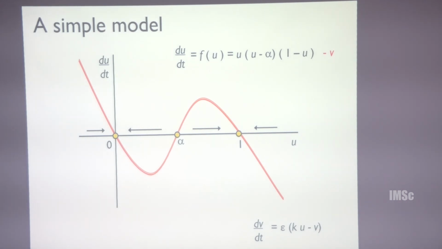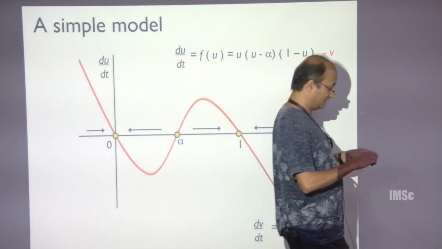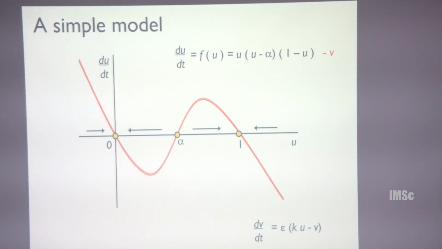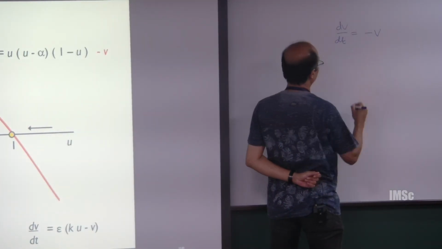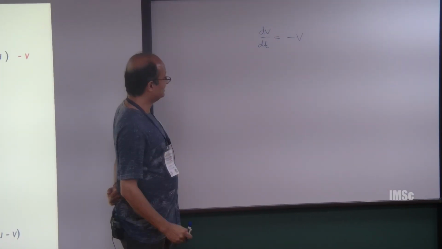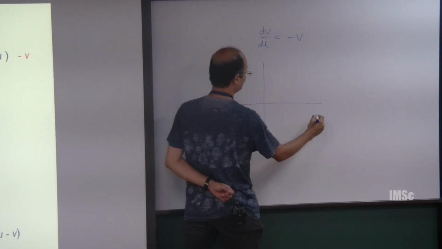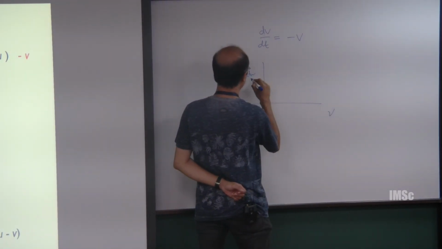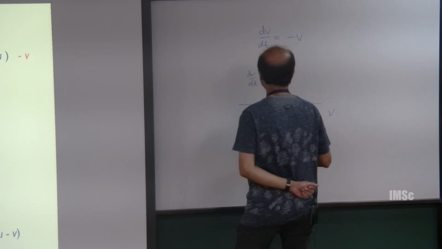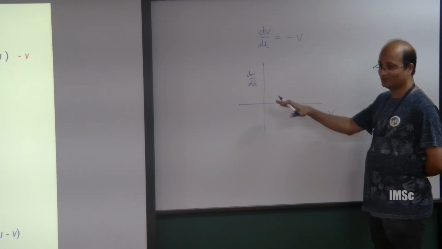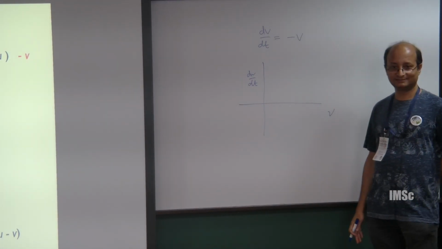In case that is not immediately obvious to you, there are two ways you can do this. Either you can actually try to solve it, but there is an easier way. We just plot dv dt versus v. How does this look here?